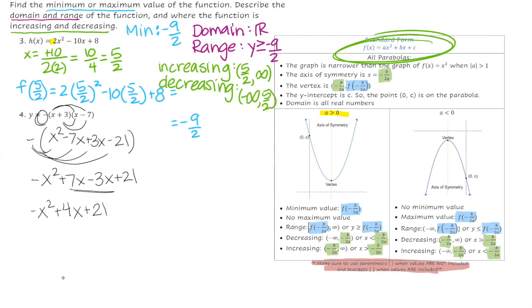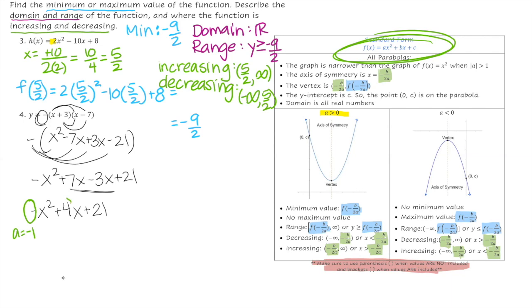Now, we're kind of where we were on number 3, where they have it all in standard form, and we can then use this little box to the right here to get all of our information. The a is still going to be the value that's multiplied by x squared. So in this case, my a is actually a negative 1.